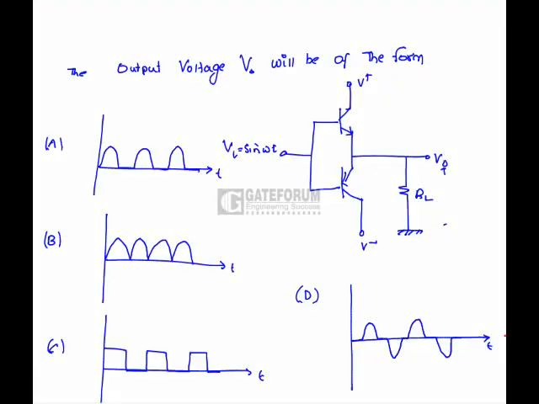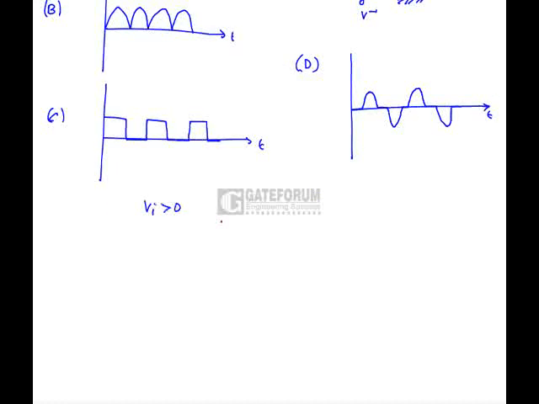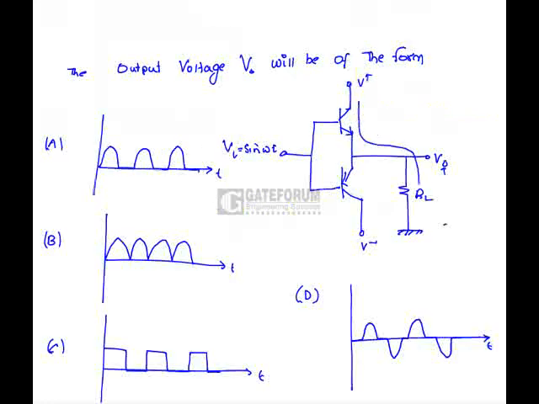The output voltage will be of the form... Here, if Vi is positive, suppose Vi is greater than 0, what happens? The NPN transistor is on, whereas the PNP is off. So the current is going to flow in this direction, which means this is positive and this is negative, and the output is going to be the positive half, no problem.